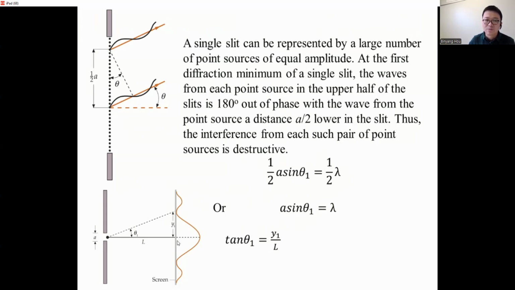And normally the screen will be far away from the slit compared to the width of the slit. So then tangent theta and sine theta are about the same, okay?